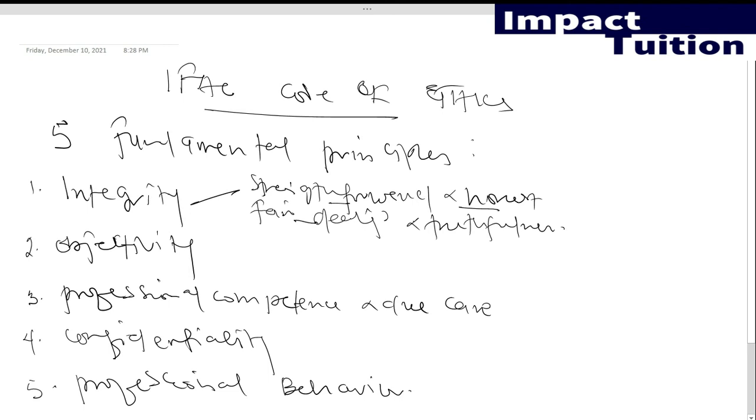Objectivity means that professional accountants should not allow bias, conflict of interest, or undue influence of others to override their professional or business judgment.